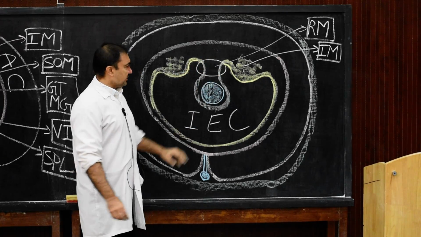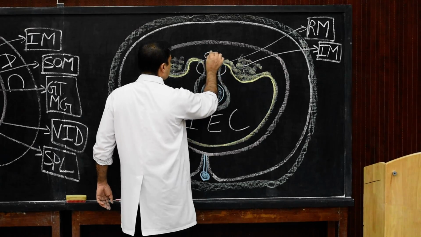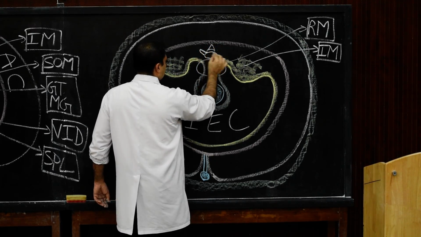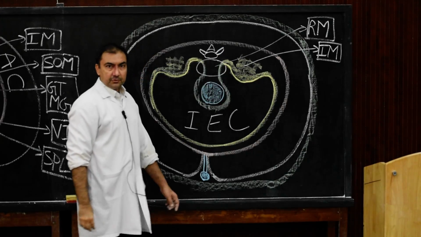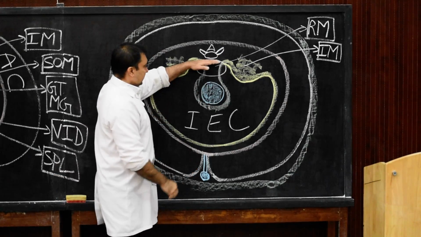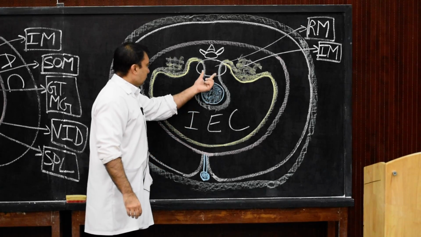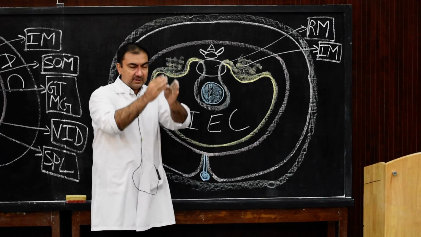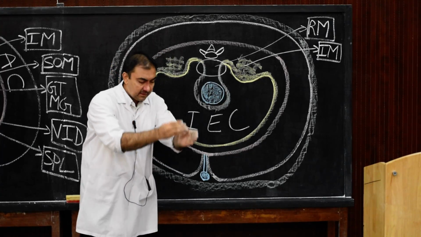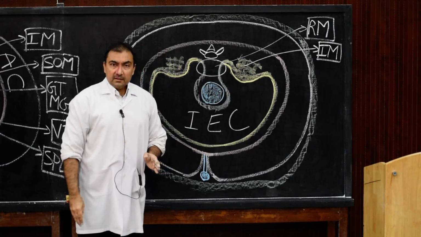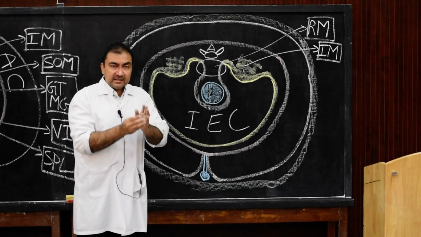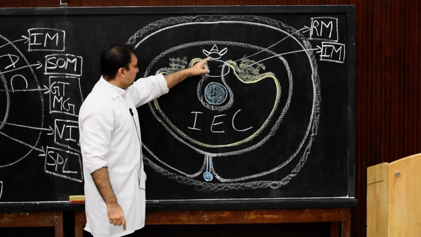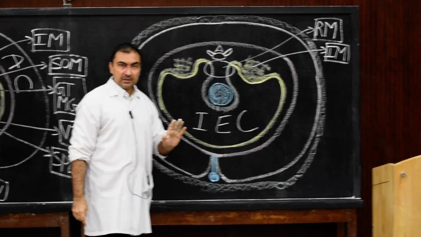Please note down, this is the posterior abdominal wall, and if you draw the vertebrae in this direction, this will be the vertebrae, simply to show the posterior abdominal wall. The root of dorsal mesentery will be in a vertical axis. It will extend from cervical till the sacral vertebral column. Which side? Ventral surface of the entire vertebral column. So we need to show only one vertebra to show that this is the posterior abdominal wall.